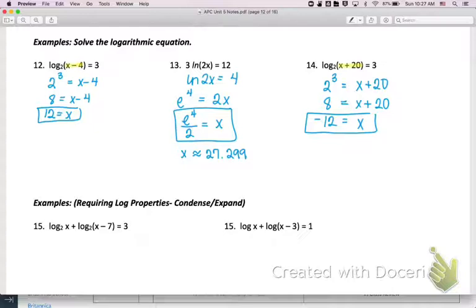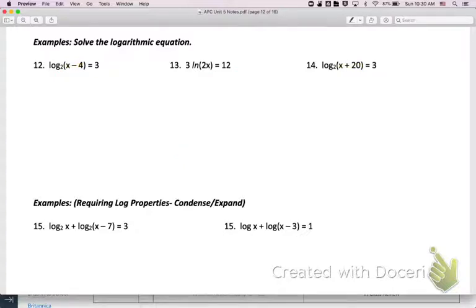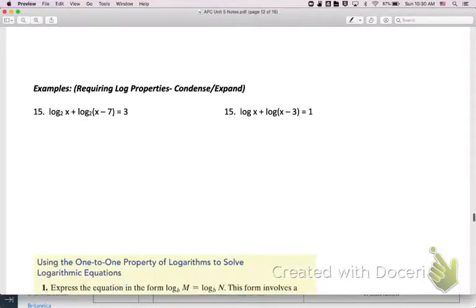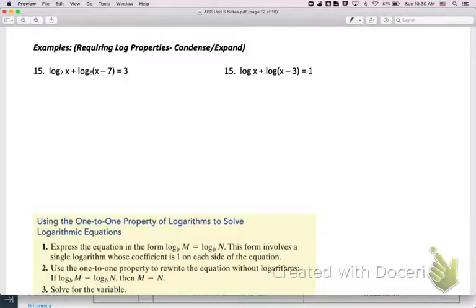Okay, now, those are pretty simple. If you have more than one logarithm, we cannot use that strategy until we get it condensed to a single logarithm. So this is where our properties come back in. So for number 15, we have the log base 2 of x plus the log base 2 of x minus 7 equals 3.